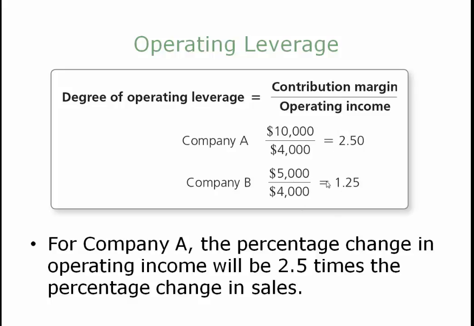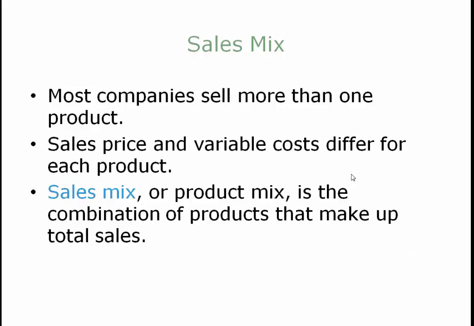In company B, it's 5,000, so it's 1.25, with the same income, but it also tells you that company B has much higher fixed costs. So if you notice here, the change in sales will result in a much higher income for company B than it will for company A. There aren't numbers here, but I would encourage you to take a look at that in your text.